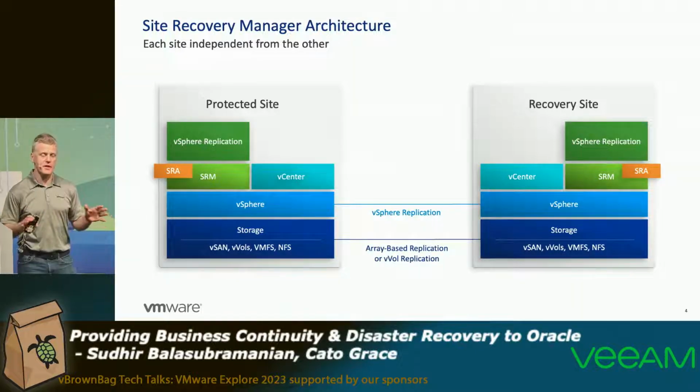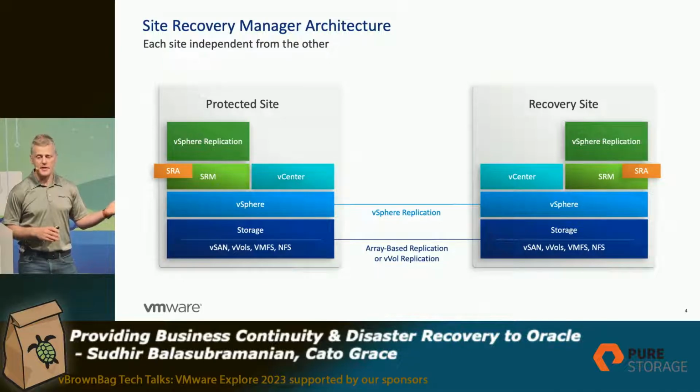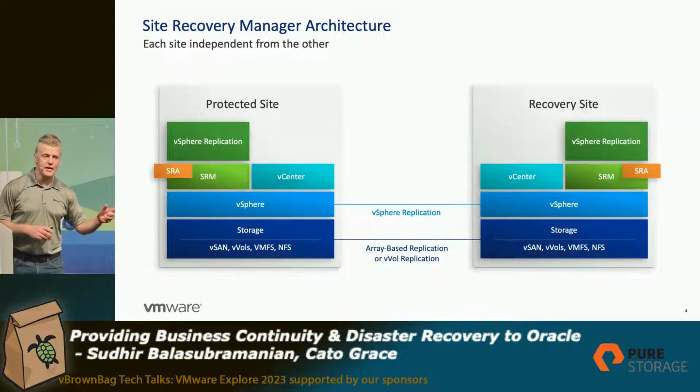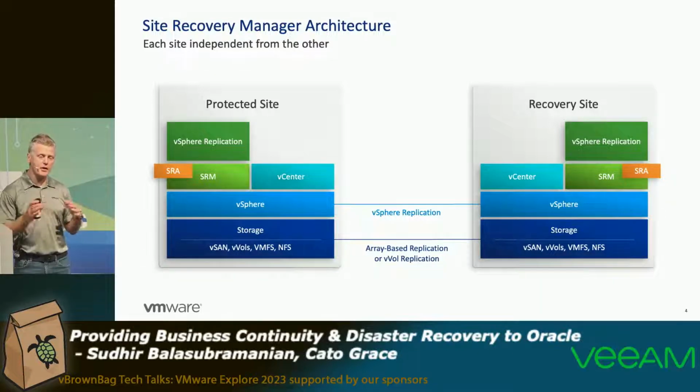It doesn't have to be the same storage. If you're using vSphere Replication, it can be any storage that VMware supports. You're going to have an SRM appliance, and if you're using vSphere Replication, you would also have a vSphere Replication appliance. With array replication, depending on what you're doing, you might have an SRA, or if you're using vVols, you wouldn't have that SRA.